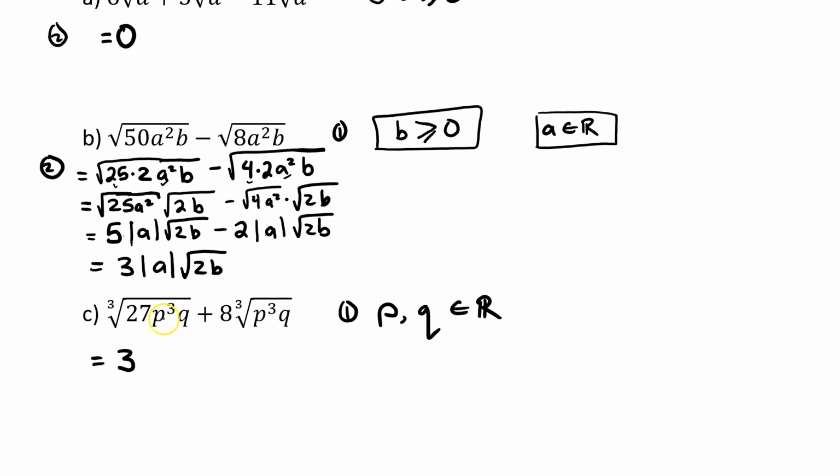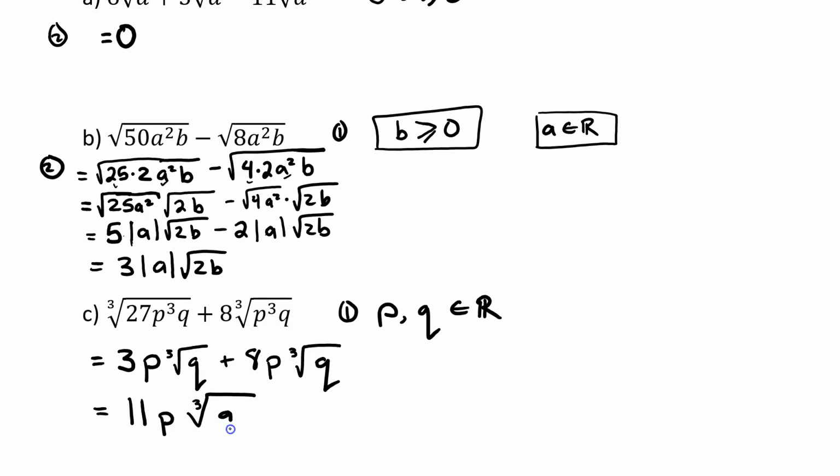The cubed root of p to the 3 is simply going to be p, and we're left with the cubed root of q, plus 8 times the cubed root of p cubed, which is simply p. Don't have to worry about absolute value bars because it's an odd index, and then what I'm left with is the cubed root of q. So I have 3 of these quantities, and I want to add 8 of these quantities to them, so then I have 11p times the cubed root of q. Done.